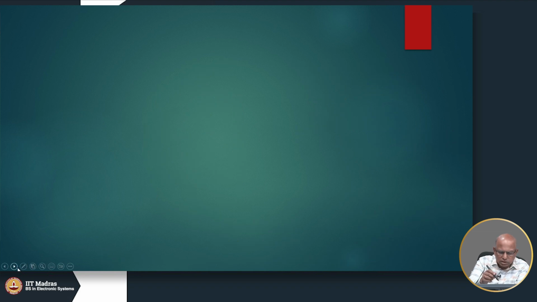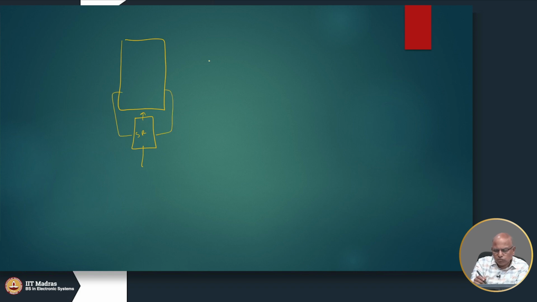So going back to the transition delay fault model, this is my scan register. So V1 is shifted slowly.